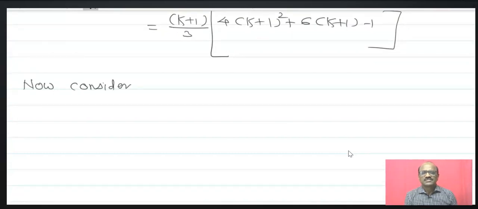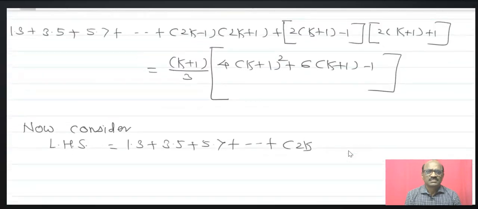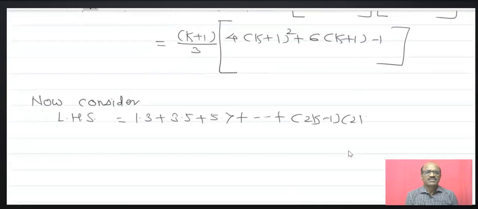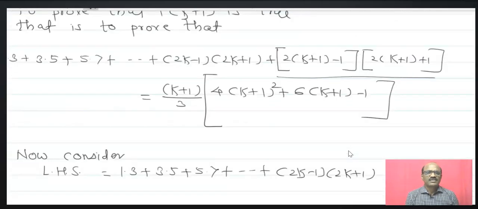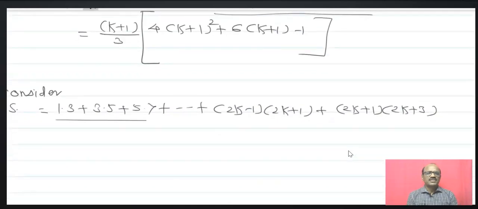Now consider LHS: 1.3 plus 3.5 plus 5.7 plus dash dash (2k minus 1)(2k plus 1) plus (2k plus 1) in first bracket (2k plus 3).